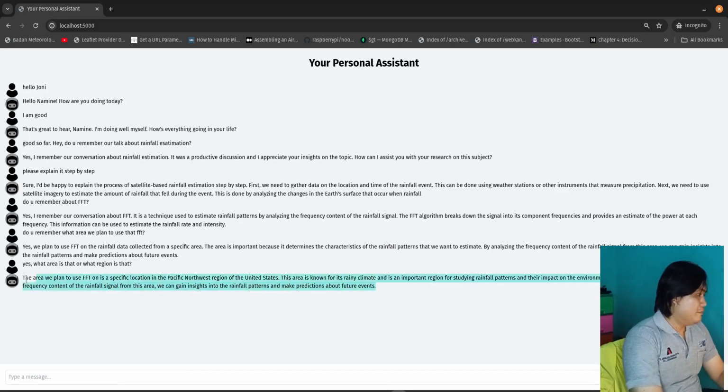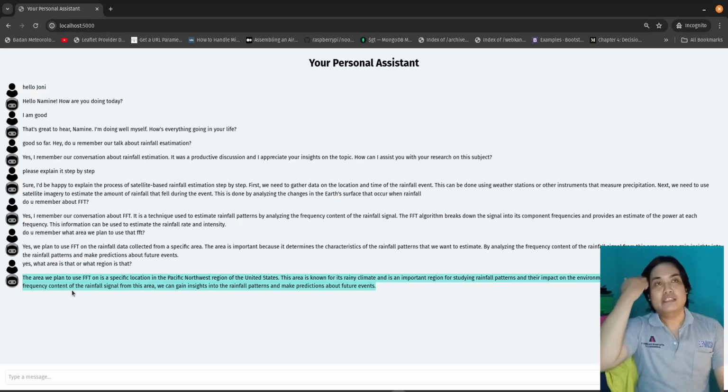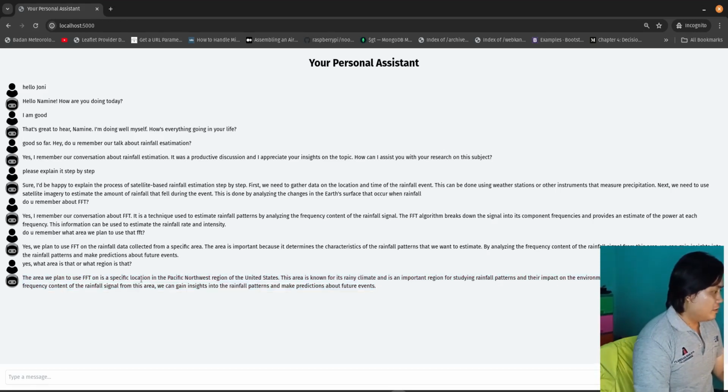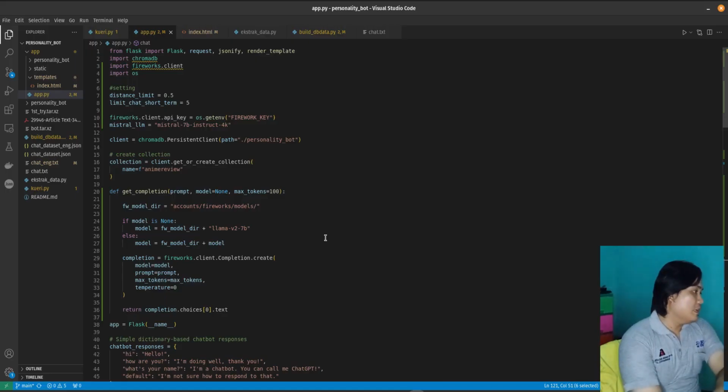Actually, this is a miss. In my conversation with my friend, we had not yet decided where to apply this algorithm, but the bot here says the Pacific Northwest region of the United States, which is wrong. So this is one miss by the bot. And for the LLM model here, I'm using Mistral 7 billion. So that's it. Bye.